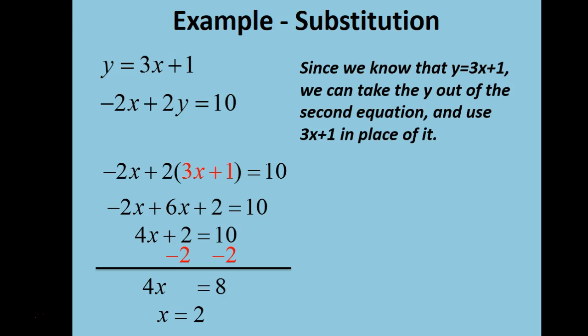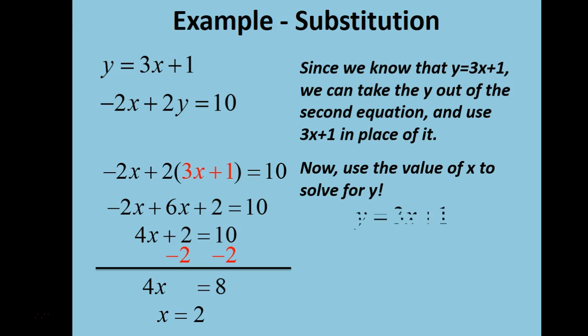Now, that's just one of the variables. We have an x and a y that we have to find. But now that we know that x is equal to 2, we just plug that in and find the value of y. So probably the best place to plug that in would be in the first equation, y equals 3x plus 1. So we know that y is equal to 3 times 2 plus 1. And again, that is because x is equal to 2. When we do that, we find that y is equal to 7.